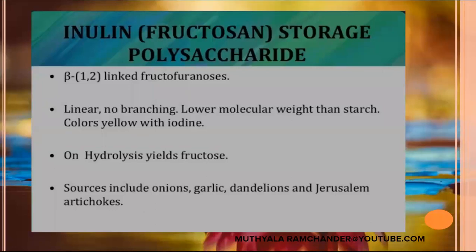They are also called non-sugars, with 30 to 35 fructose units per molecule and a molecular weight of about 5,000. The 6 carbon atoms of fructose are situated in the 5-membered furanose ring.